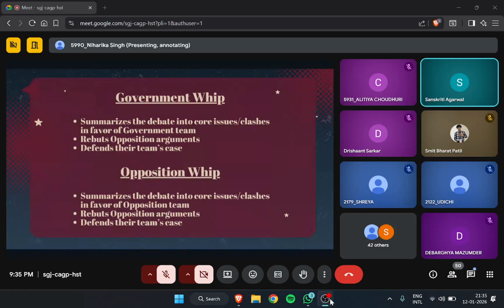For A, you briefly summarize your case. What does that mean? At the start of a whip speech, you should spend less than a minute reminding the adjudicator what were the main points your team made, right? This helps the judge remember what your team brought to the debate.